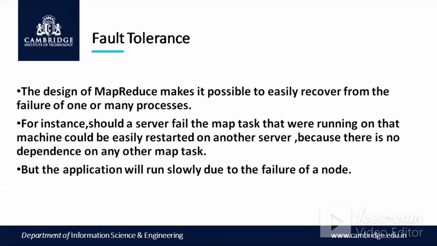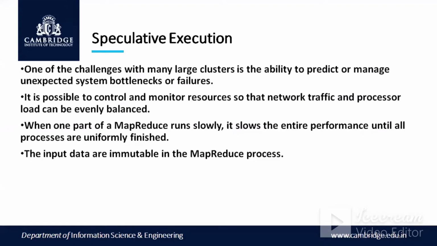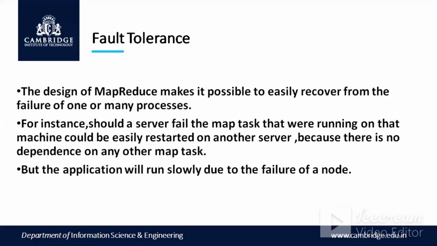So by doing this MapReduce, the Hadoop distributed file system, and having Yet Another Resource Negotiator, that is YARN, what are the advantages we have here? We have two advantages. One is fault tolerance and the other one is speculative execution. So what is fault tolerance?